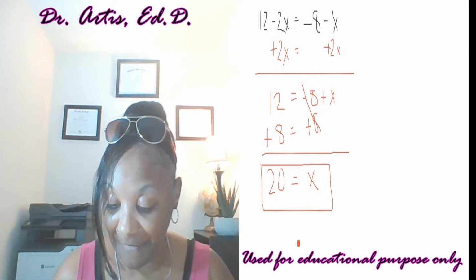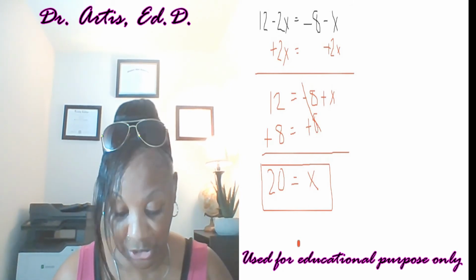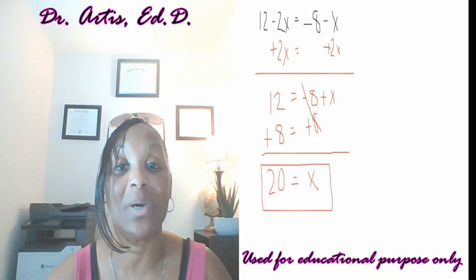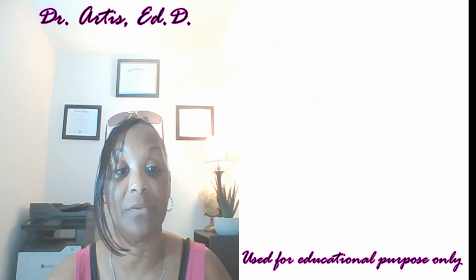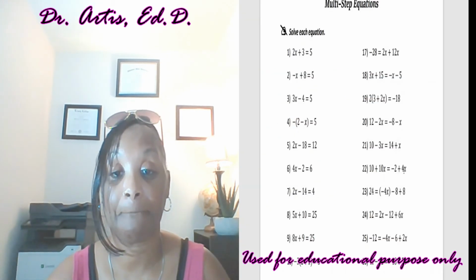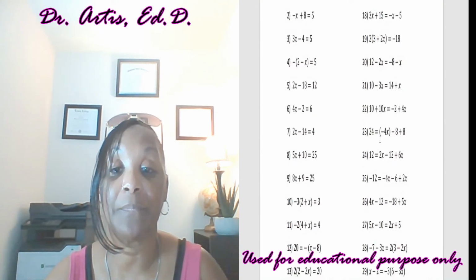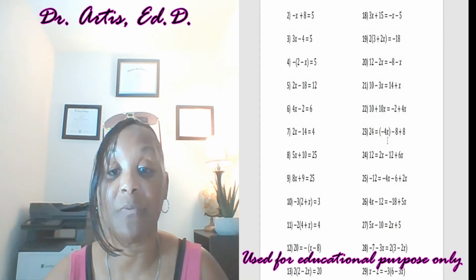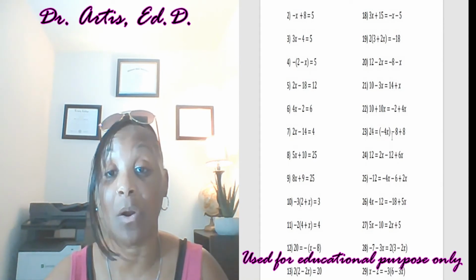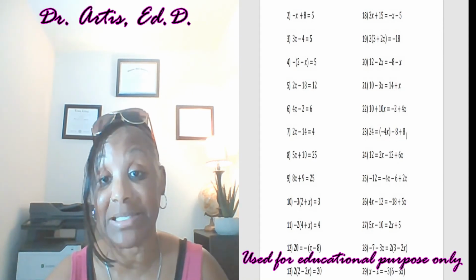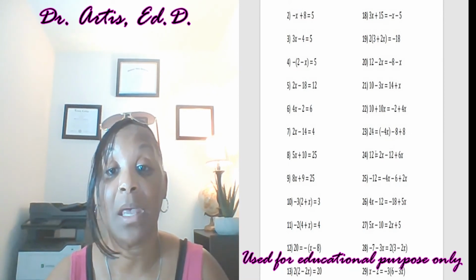Another problem I found to be challenging is number 23. Let's go to number 23. So here you have 24 equals a negative 4x in parentheses minus 8 plus 8. Okay?